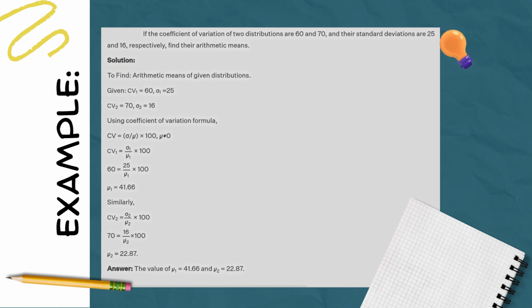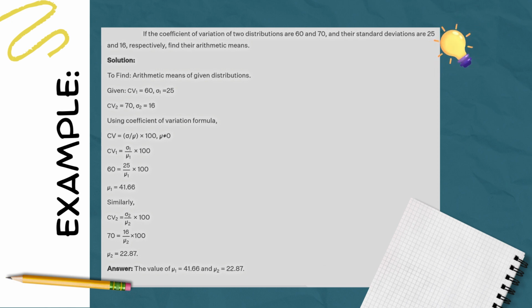We need to use the coefficient of variation formula, to be exact the population formula, because in the given it is stated the population standard deviation. So the formula for the population is CV is equal to population standard deviation over mean times 100%.